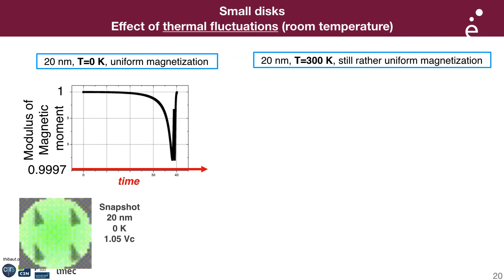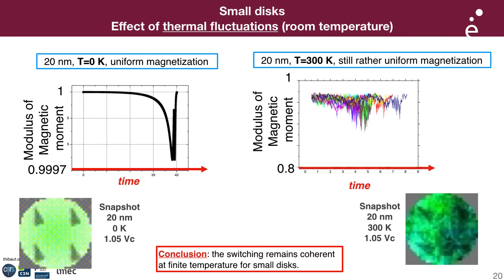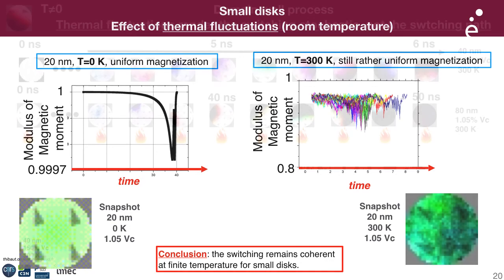If instead of working at zero temperature we work at room temperature now, if we look at the snapshots of the magnetization, there will be some disorder in the magnetization, but still if you look at the overall total moment, you see that it stays close to 1. So despite the noisy magnetization patterns, the magnetization stays rather coherent for these small sizes, even at room temperature, during the switching.